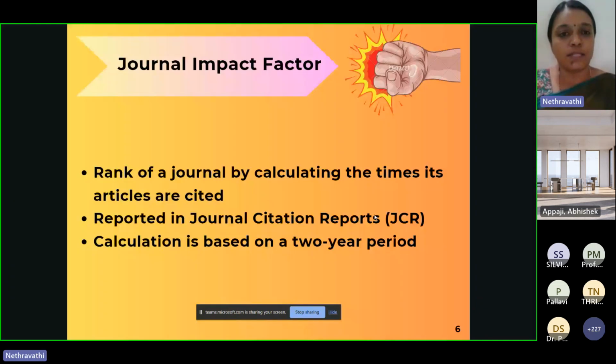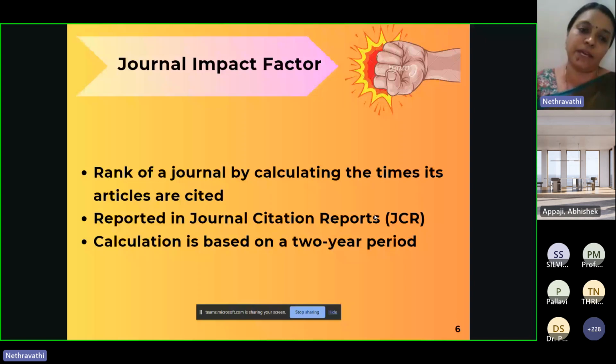So what is journal impact factor? During Dr. Sainath's session, somebody was asking what is impact factor. Basically, it is a rank for a journal. They'll say, okay, this is the first rank journal, second rank journal, just like how we give ranks to our students in the class. And how is it calculated?